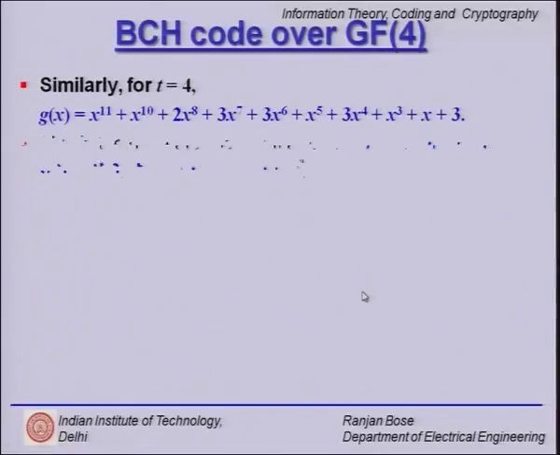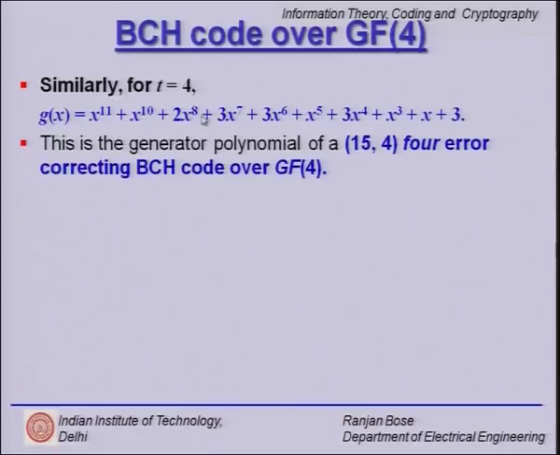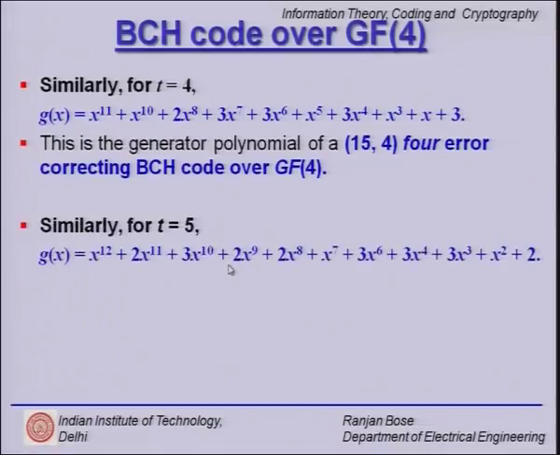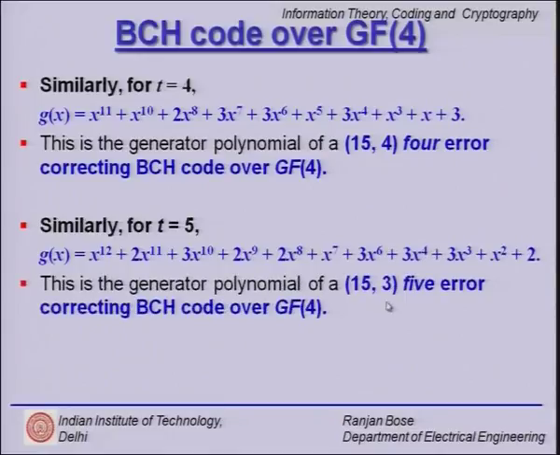And we can continue doing this exercise, and for t equal to 4, we have the following 4 error correcting BCH code, and for 5 we can take the same effort and get 5 error correcting codes. So, the point that we are making is it is extremely easy to get generator polynomials for BCH codes for the designed distances, extremely easy.